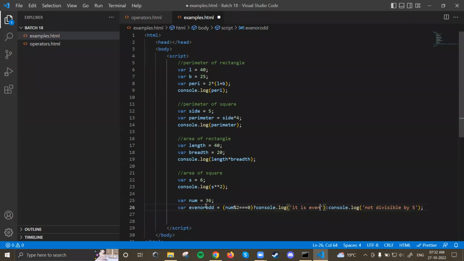We take any number and divide it by 2. If the remainder is 0, then we say that it is even. If the remainder is not 0, we say it is odd.